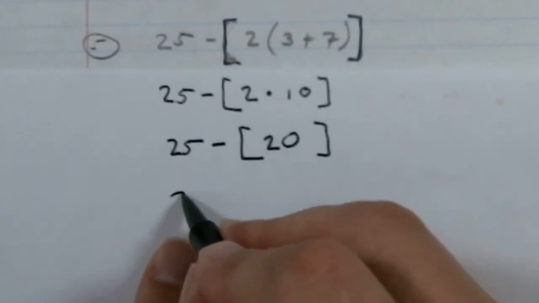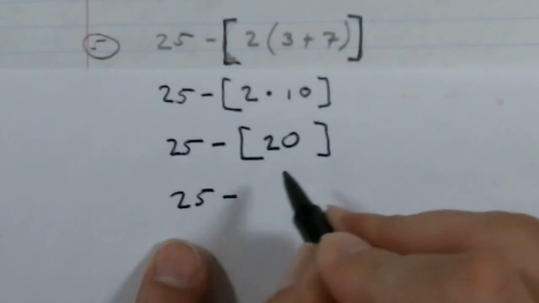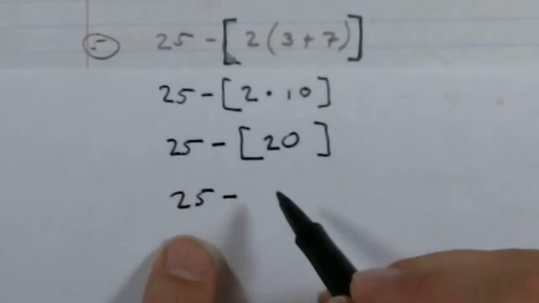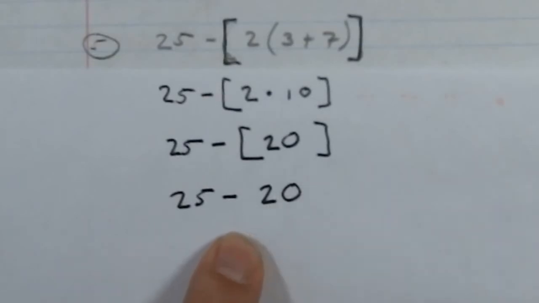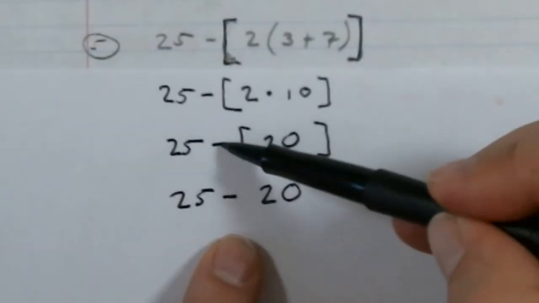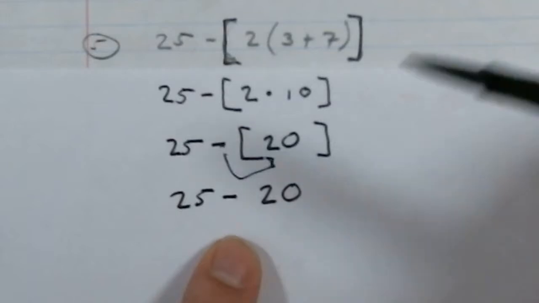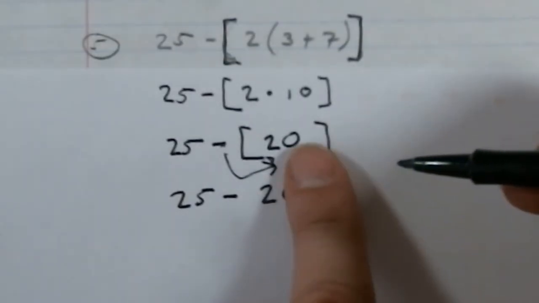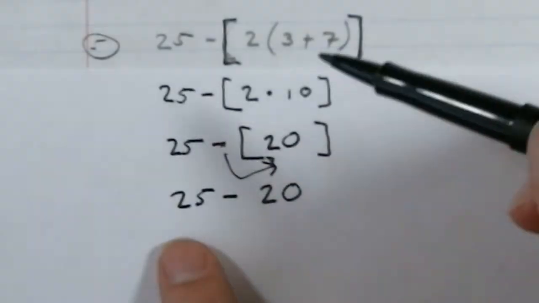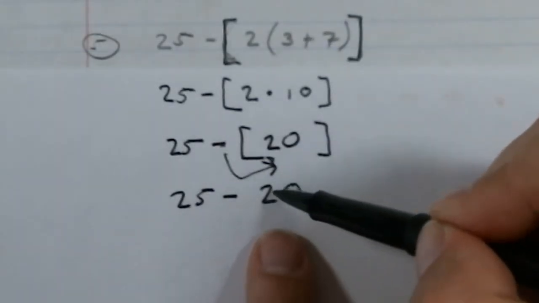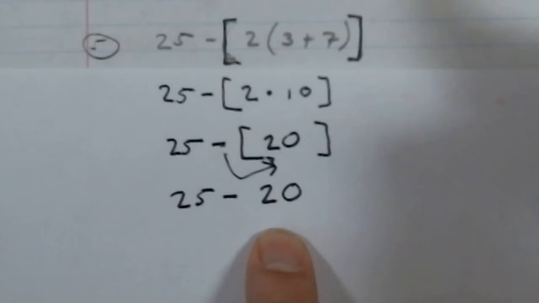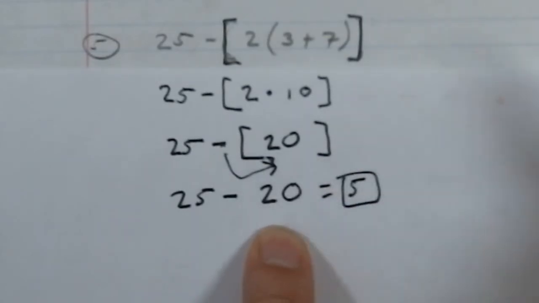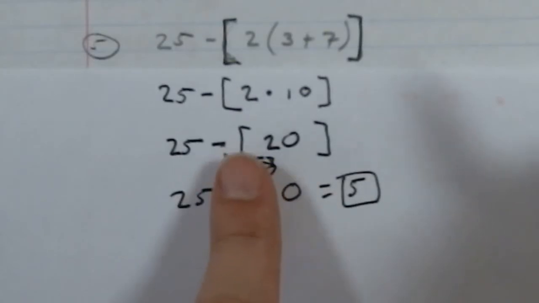Well, 25 minus, you can think of this as minus 20, because really this minus goes with that 20. And you have 25 minus 20, which is 5.